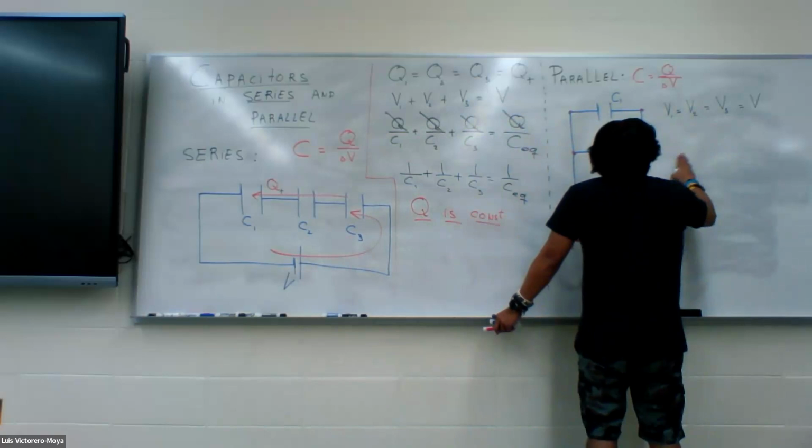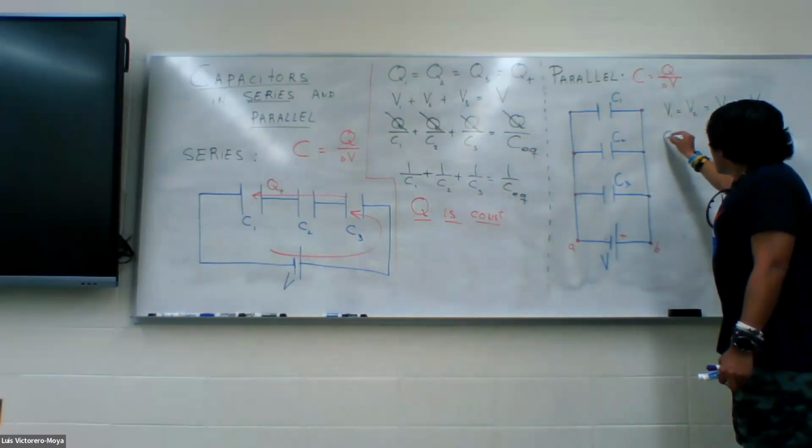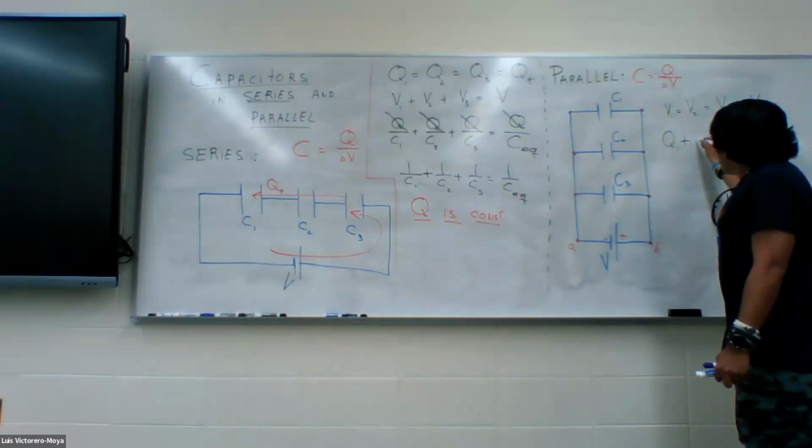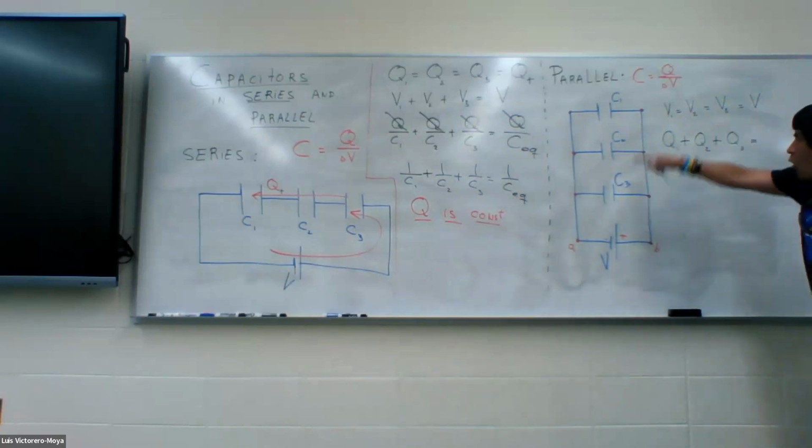The charge is not constant, so Q1 plus Q2 plus Q3 is the overall charge of the circuit. Is the total charge.